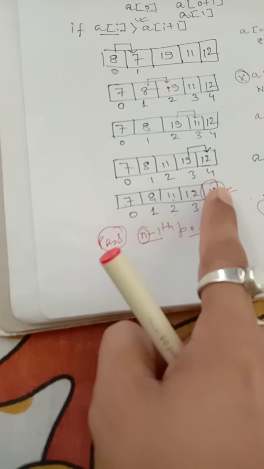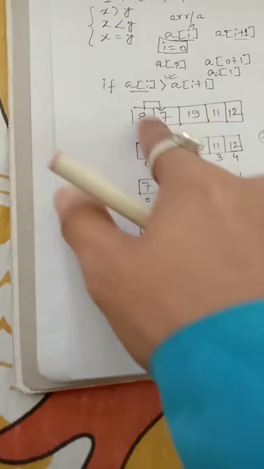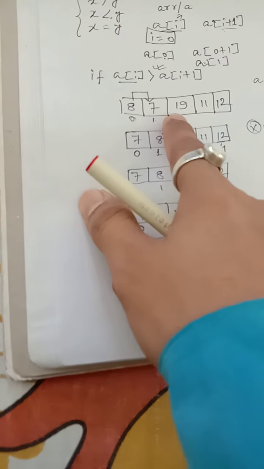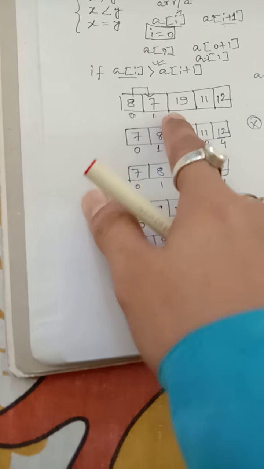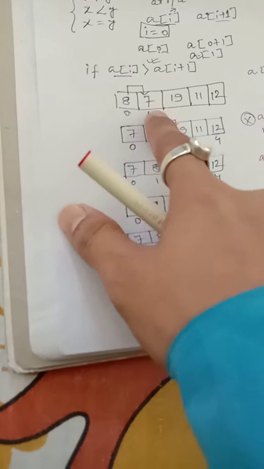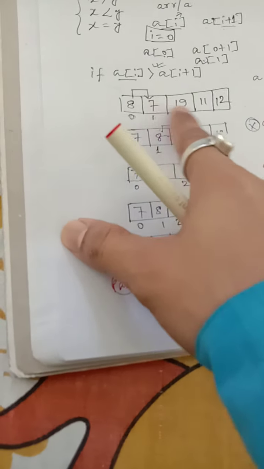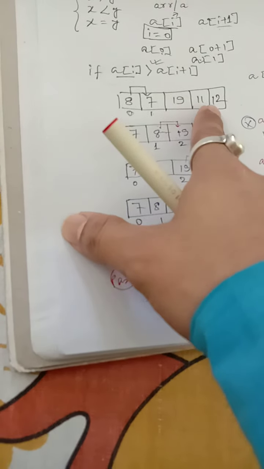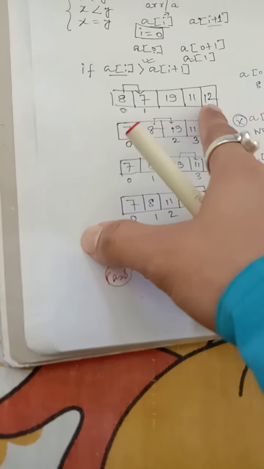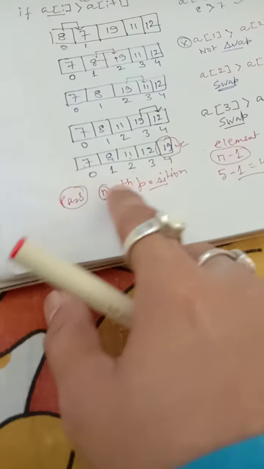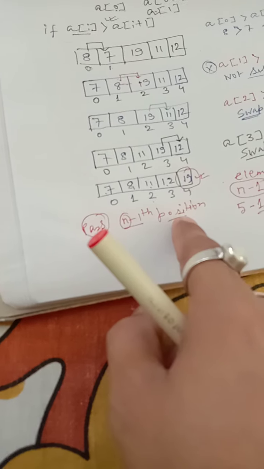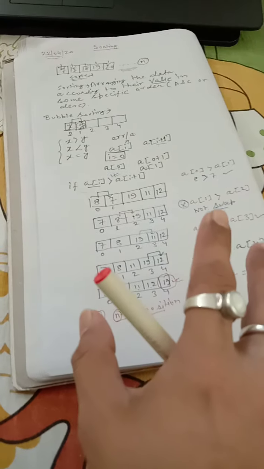See, 19 was on the second position, 0 1 2. Since 19 is the largest among all these elements, 19 is placed in the fourth position, that is the (n minus 1)th position. So this is the basic principle of bubble sorting.